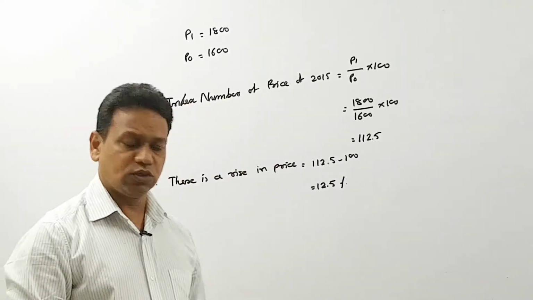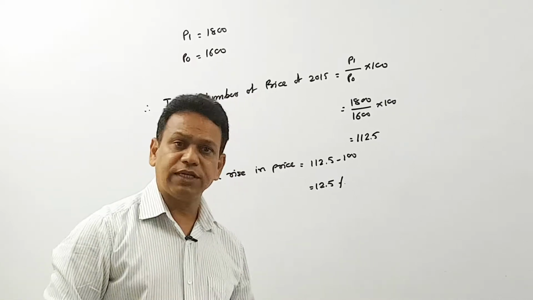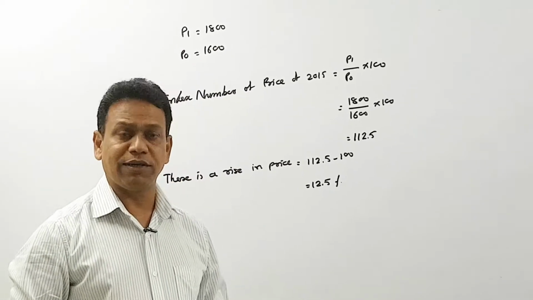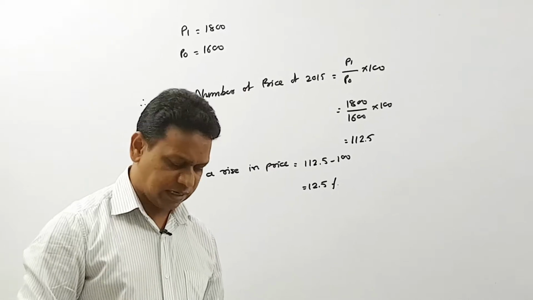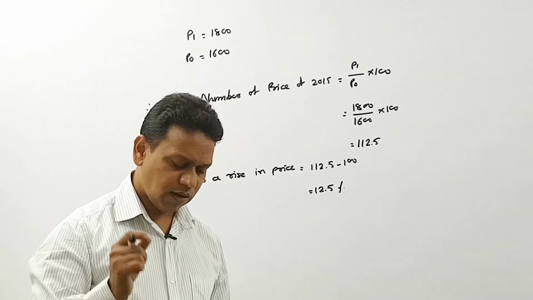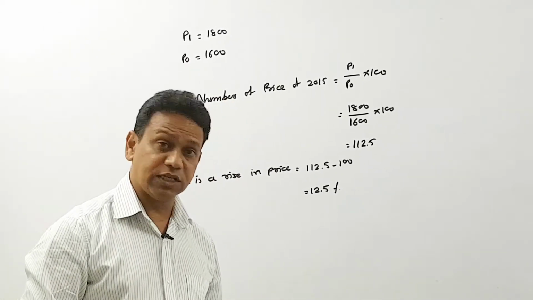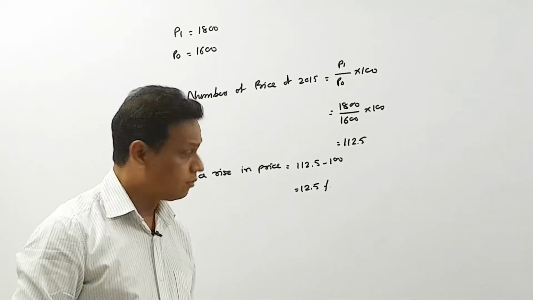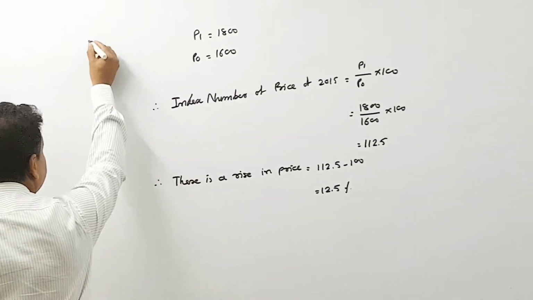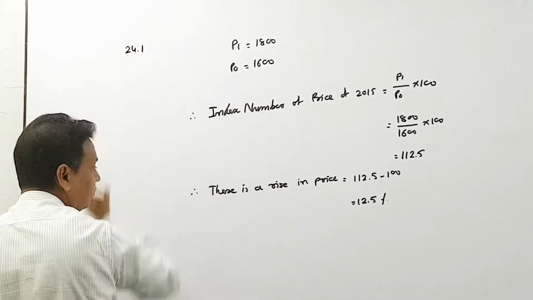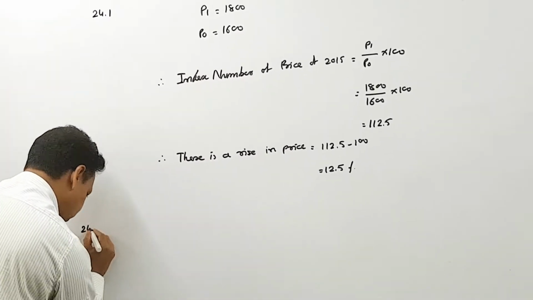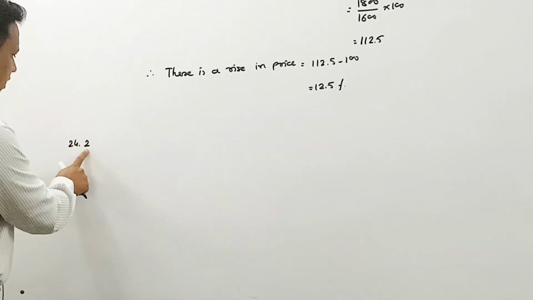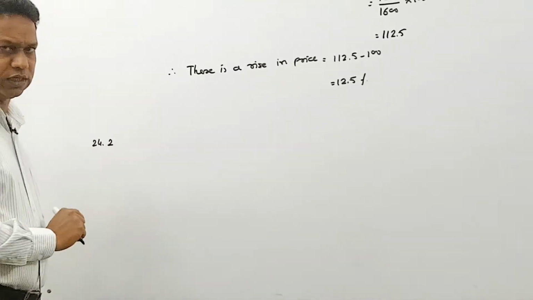The question number 2: the Laspeyres index number is 8 upon 9 times the Fisher's index number. If the Fisher's index number is 180, find the Paasche's index number. So this is question number 24.2, now we are going to solve it, the second one of the 24th illustration.